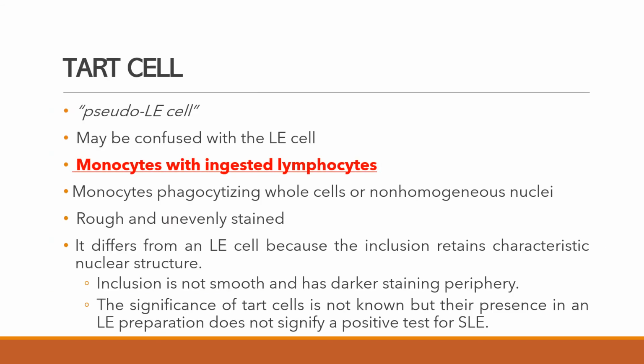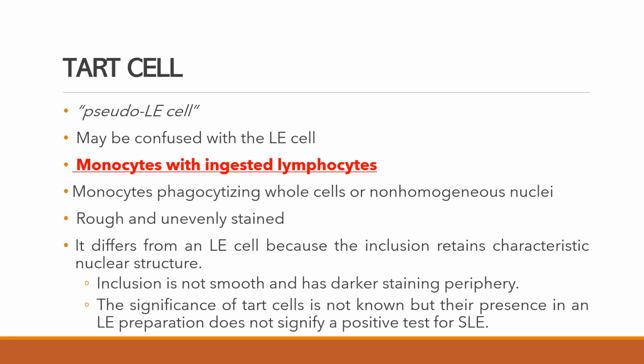Another type of cell that can be seen in the peripheral blood smear is what we call the tart cell. This is otherwise known as the pseudo-LE cell, and it may be confused with the LE cell. These are actually monocytes with ingested lymphocytes, or monocytes phagocytizing whole cells or non-homogeneous nuclei. They are rough and unevenly stained, and they differ from an LE cell because the inclusion retains characteristic nuclear structure.